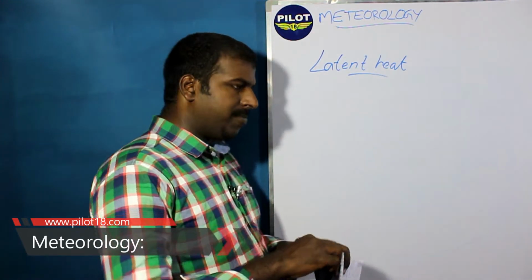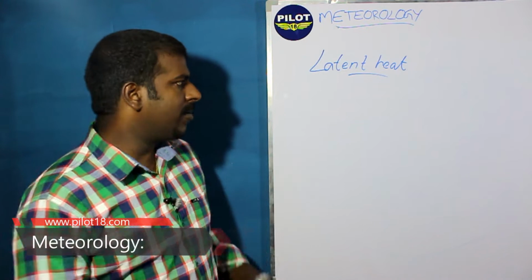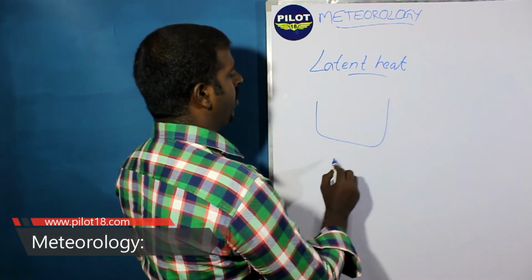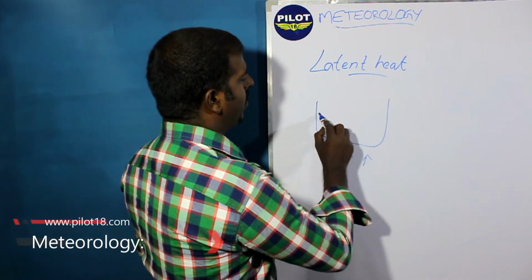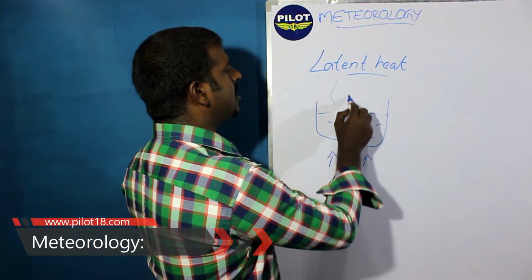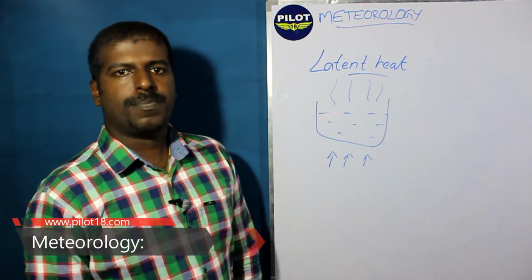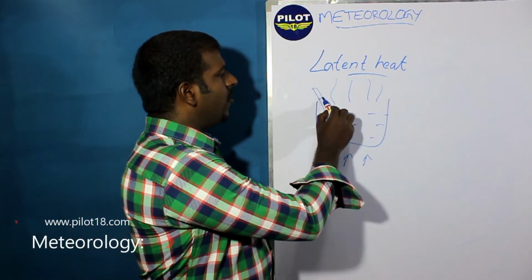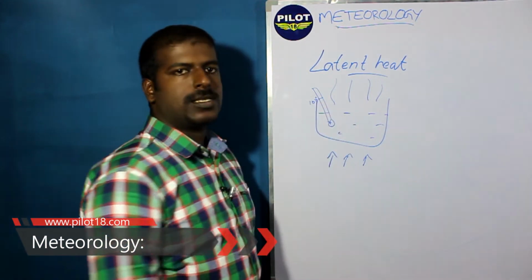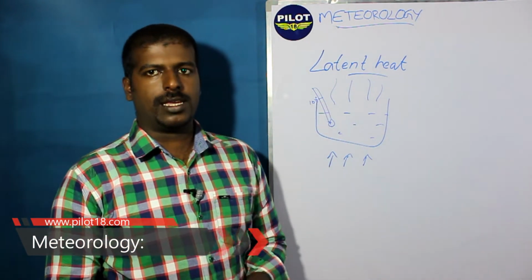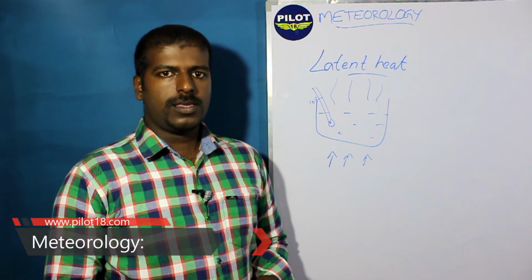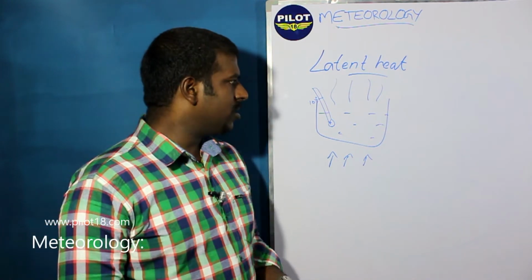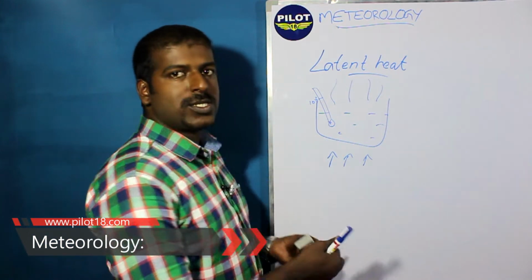And one more thing is that if the phase transition is happening, for example, water is there in a bowl and we are heating it up, and it is changing to water vapor. When we use a thermometer to measure the temperature, we can see it is 100 degrees Celsius and it is not increasing nor decreasing, right or not? Yes. Why? Because what happens to the heat energy supplied?